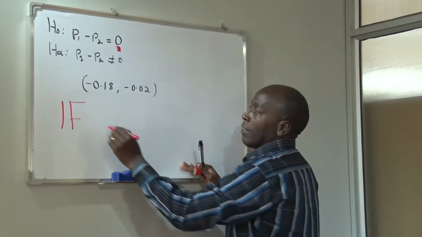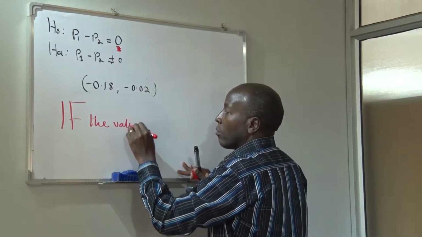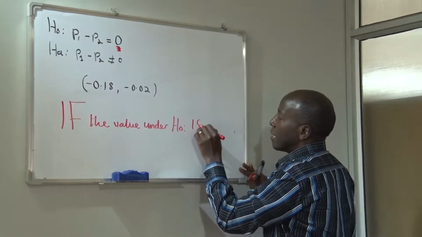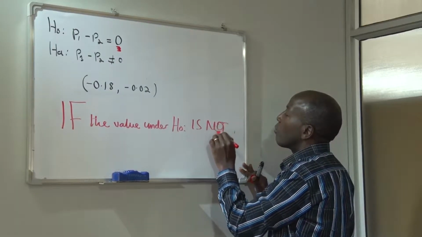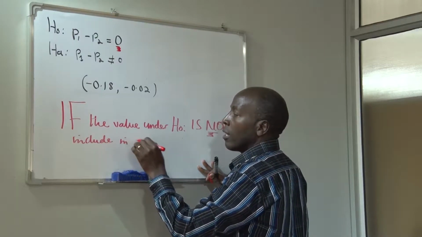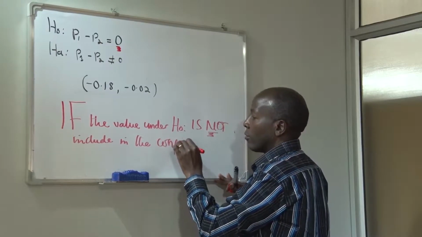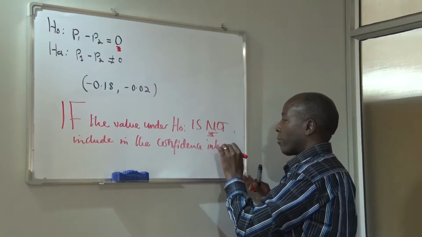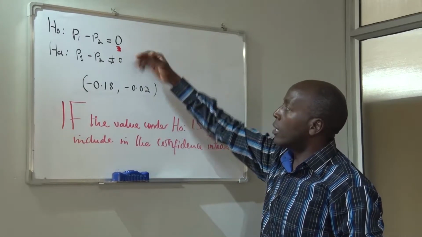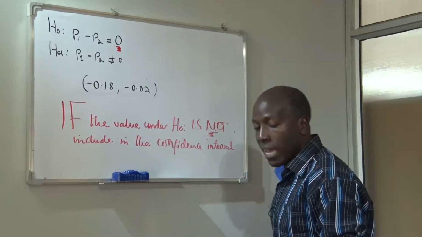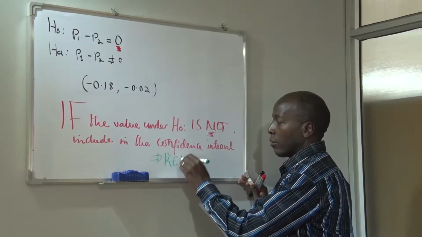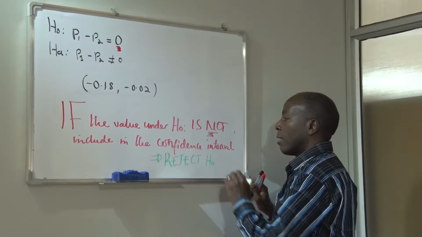If the value under the null hypothesis is not, and I'm making this one also big, is not included in the confidence interval, then we reject the null hypothesis.